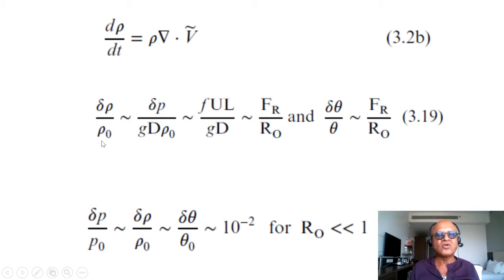Looking at the continuity equation scaling then, we can write delta rho over rho 0 as delta P over G times the vertical scale divided by rho 0. We are again using the hydrostatic balance here to go from delta rho to delta P over G. You should be very familiar with that by now, which is the Coriolis times horizontal scales divided by the vertical scales, again relating delta P, which is Froude number divided by the Rossby number.